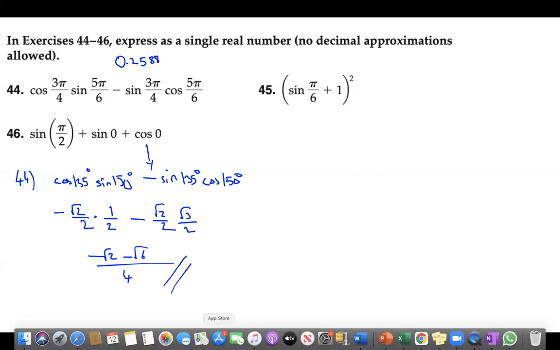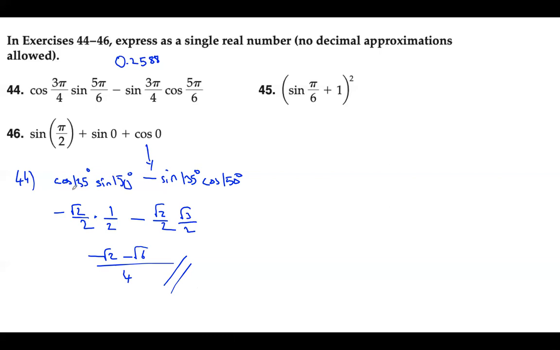Let me check the final answer. So I open my calculator and I choose a fraction, minus square root 2, then minus square root 6, divided by 4.